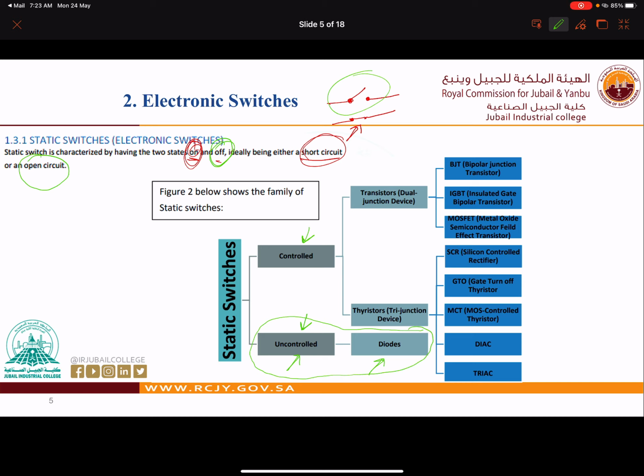In our course, inshallah, we will take the single phase. Let me write it here if you want. Now for the diode, we are going to see the single phase half wave rectifier.